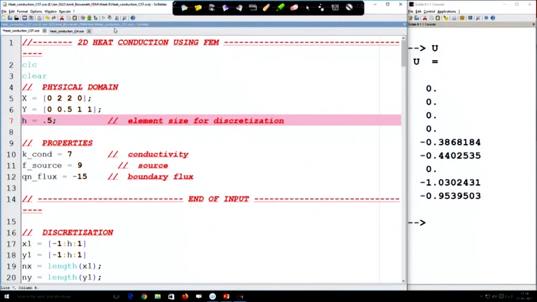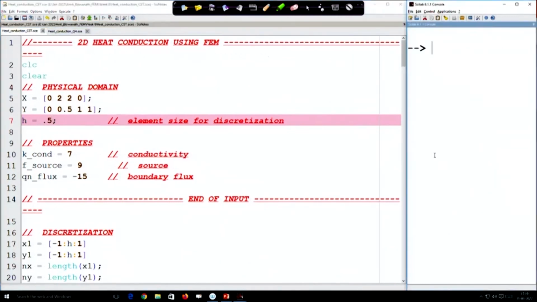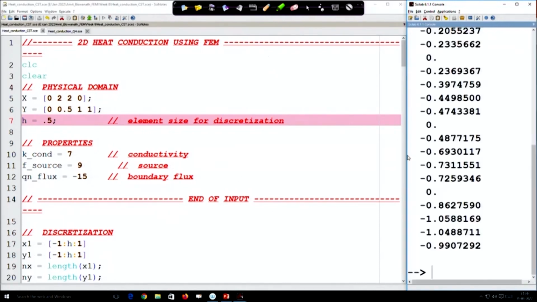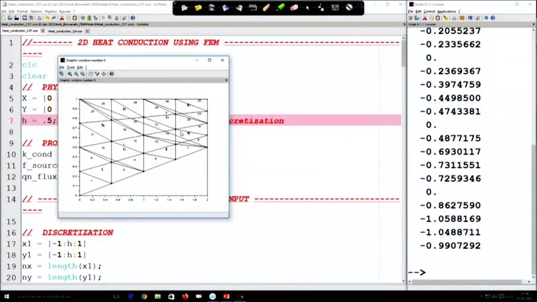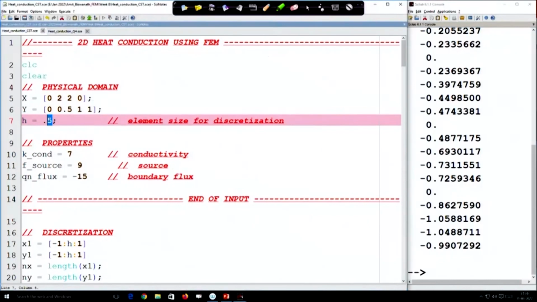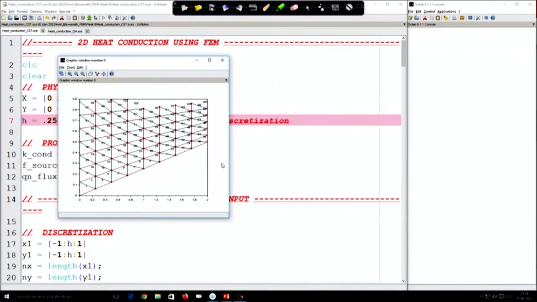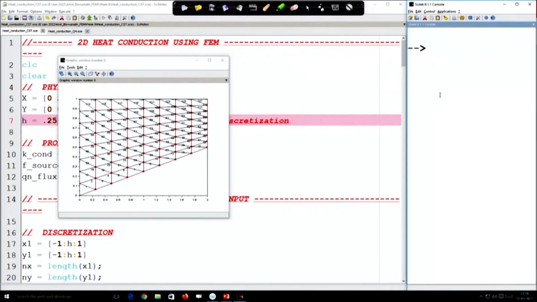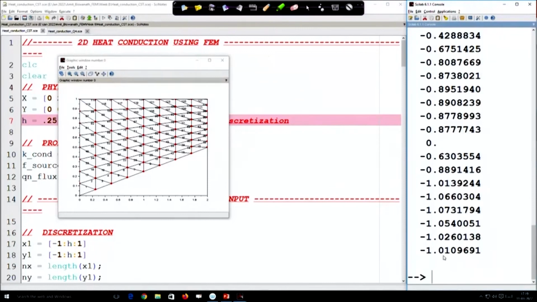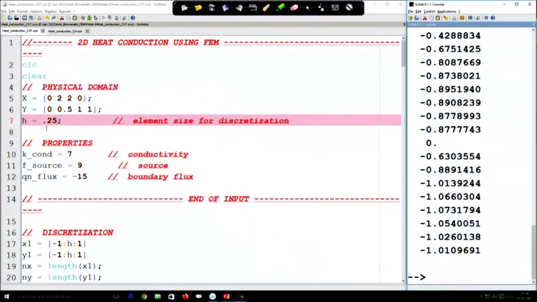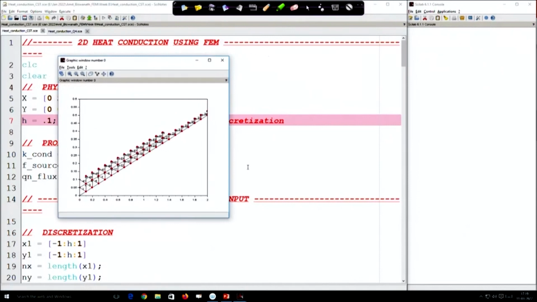Now if we take 0.5, U comes out as 0.9907, and that was our discretization. Now let's take 0.25, and U is 1.01. Let us reduce it further, say to 0.1. It will take some time.